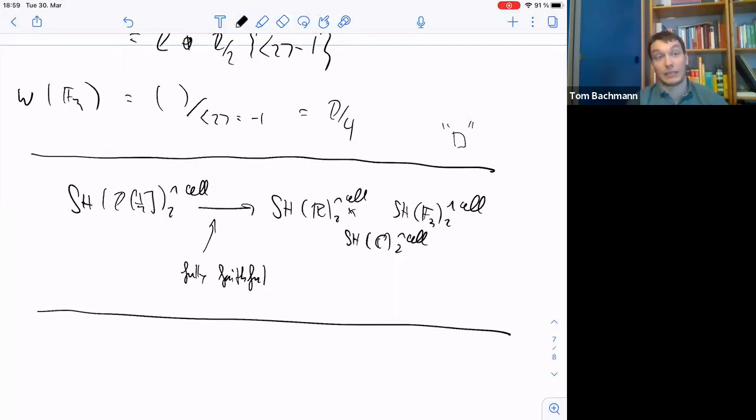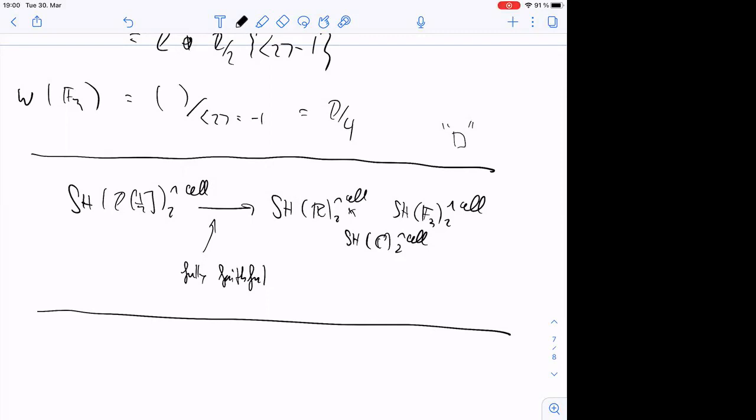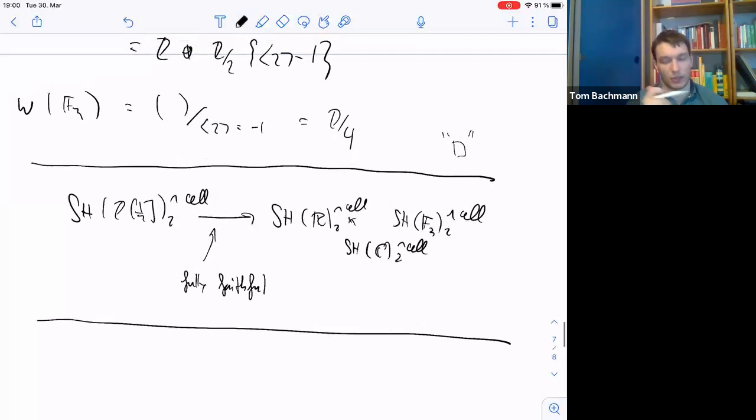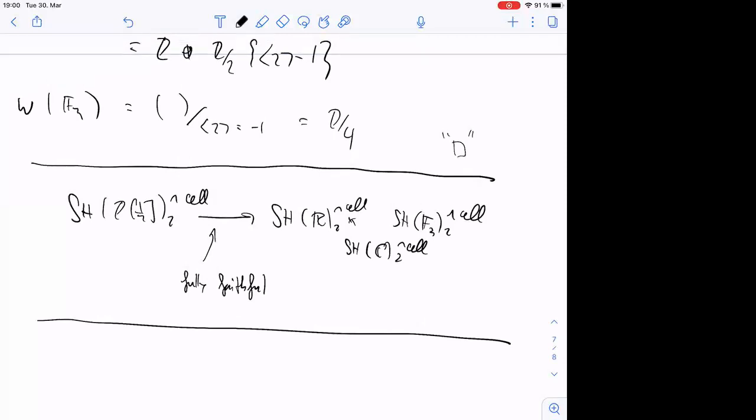You mentioned the results of Spitzweck on pi naught of the sphere over a Dedekind ring. Those are uncompleted, right? You mean the result in the beginning about the Grothendieck-Witt group? Yes, that's what I meant. Yes, so that's another example.